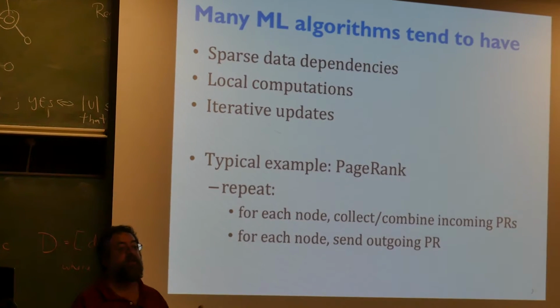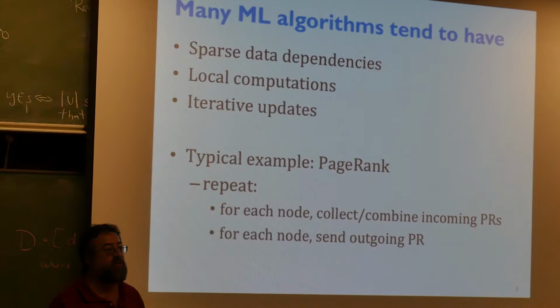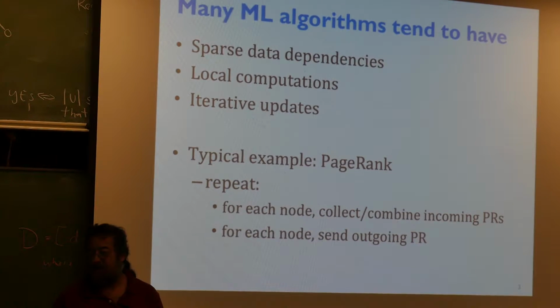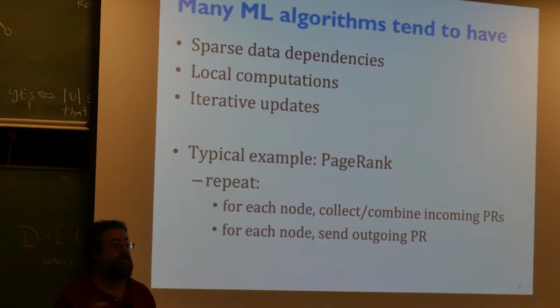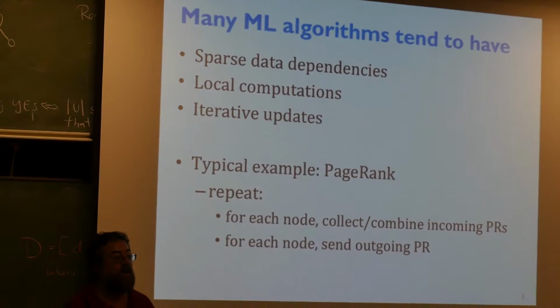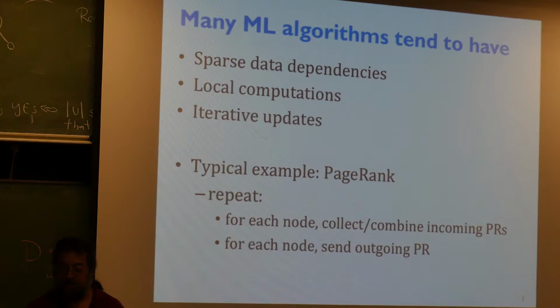A prototypical example of an algorithm that satisfies these constraints would be PageRank. You iterate to find the PageRank, so it's an iterative operation. The PageRank for a particular page only depends on a few nearby pages, just the things that link into it, and really that's it.